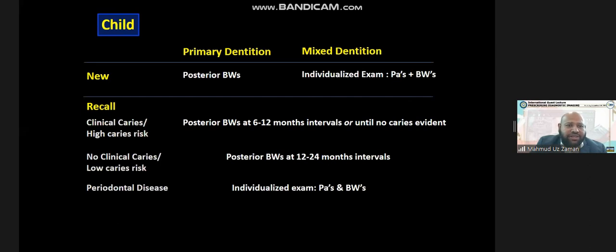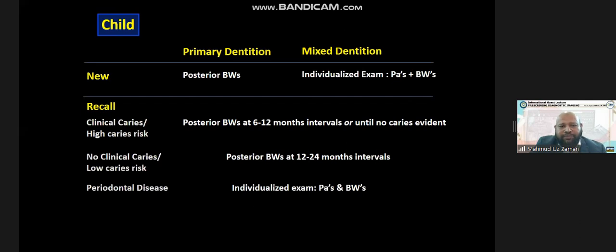If there is primary dentition in the new patient, you will go for posterior bite-wing, or in mixed dentition, maybe individual periapical or bite-wing examination along with the clinical examination. For a recall patient, depending upon the clinical examination or oral hygiene history, if the patient is in the high risk category, you will recall this patient in 6 to 12 months for bite-wing radiograph. If there is a low caries risk category, then you will send this patient at 1 to 2 years interval for posterior bite-wing.